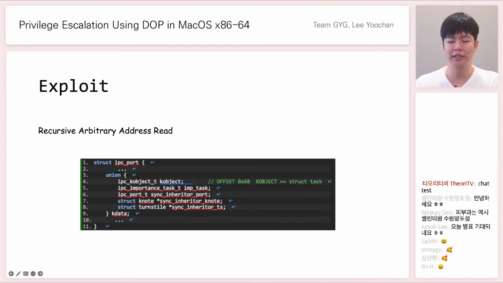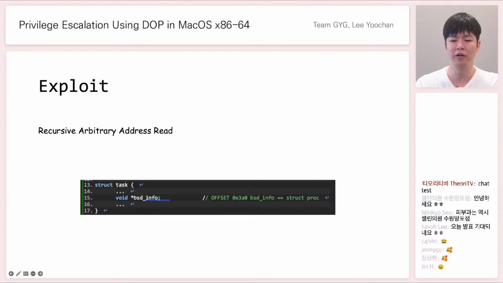However, our target is the CRED object, so we have to use the arbitrary address read primitive recursively. First is leaking the kobject in the IPC port object. The kobject points to the task structure. After leaking the task structure, we have to leak the BSD info, which is the process structure.